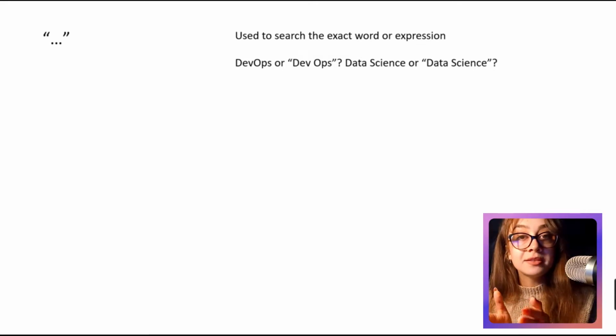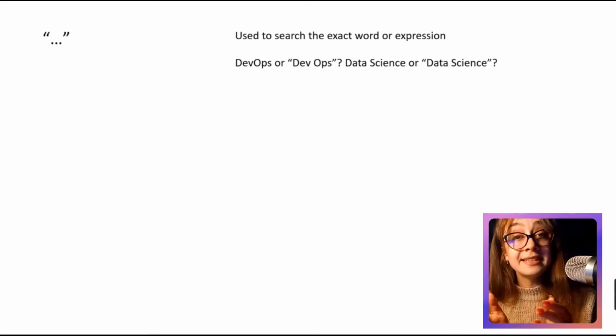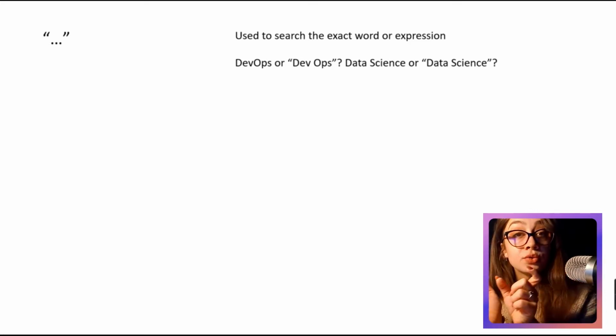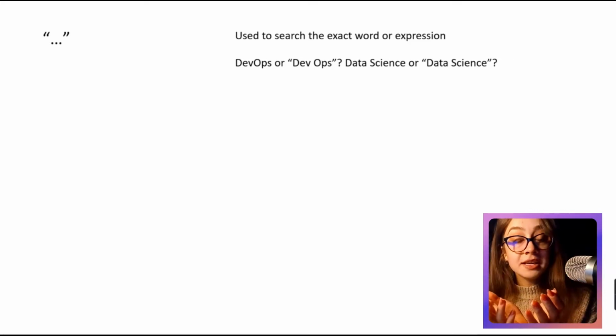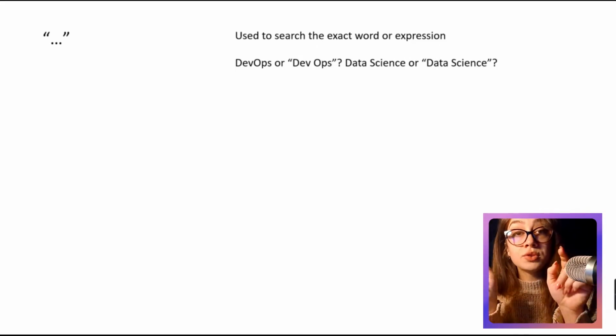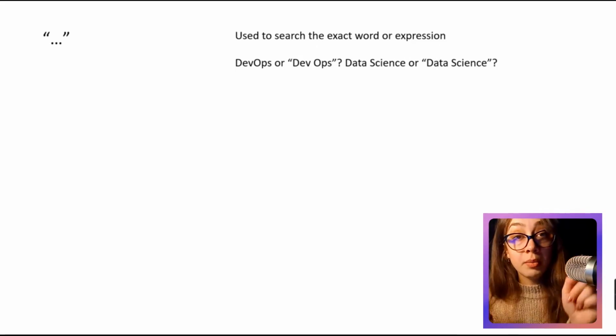And if you think about it, they don't have the necessary skills to work as a data scientist in a corporate environment within the IT industry, let's say, in general. So that's why you need to use quotation marks. So you can find people that wrote data scientist, and the meaning of data science as a whole will be taken into consideration only if you search data science within the quotation marks.